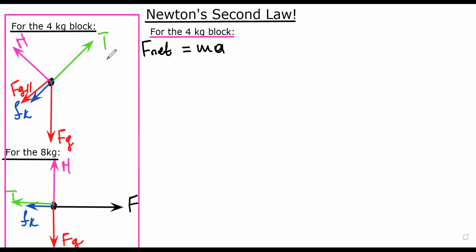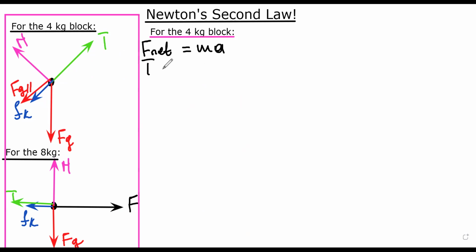So now how many forces do we have that are parallel to the incline? Well, we actually have 3 forces, okay? And we said, for the sake of convenience, for making our lives easy, we always choose the direction of motion as positive. In this case, the direction of motion is upwards along the incline.